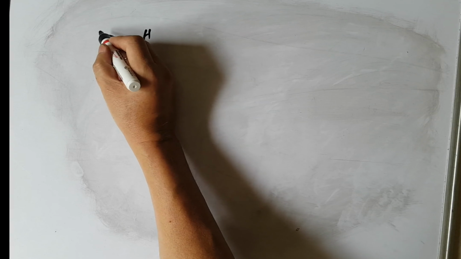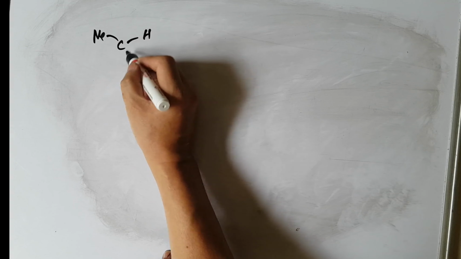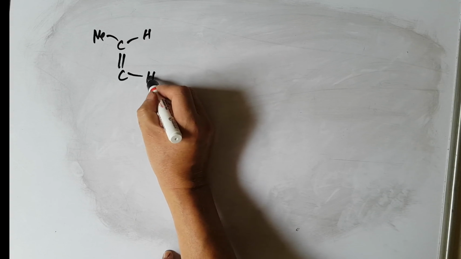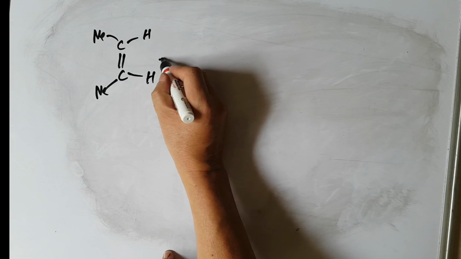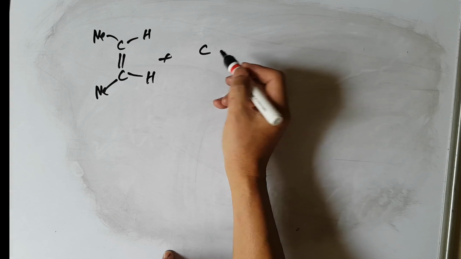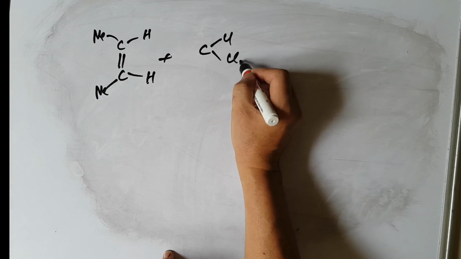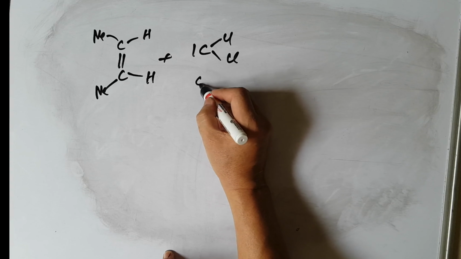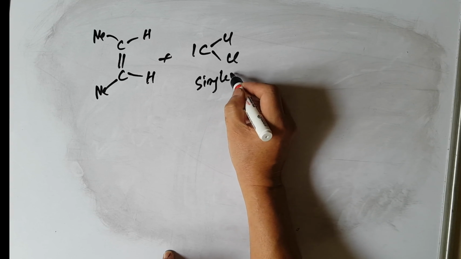So addition of singlet carbene, there are examples. Methyl group, another CH3 methyl group, with singlet carbene. This is singlet carbene.